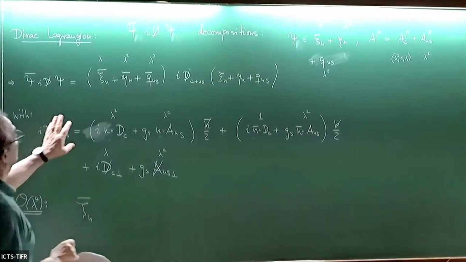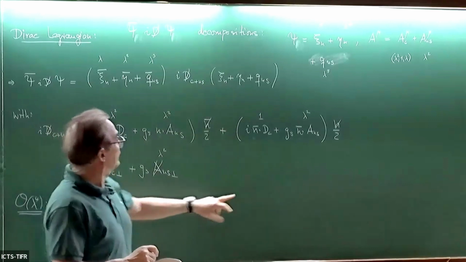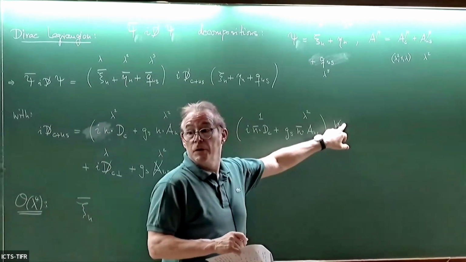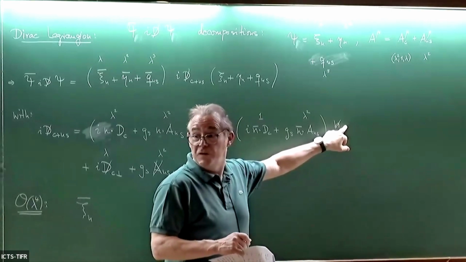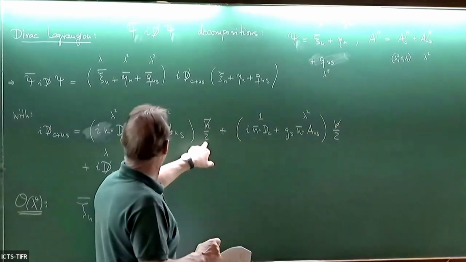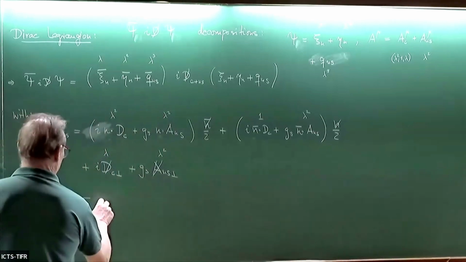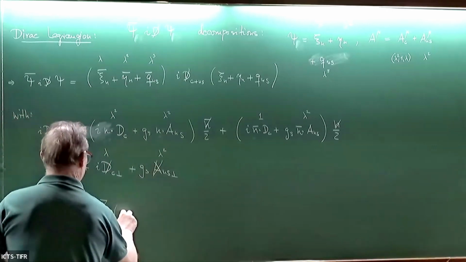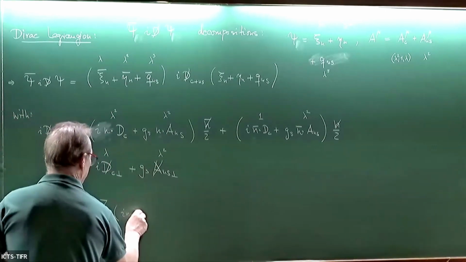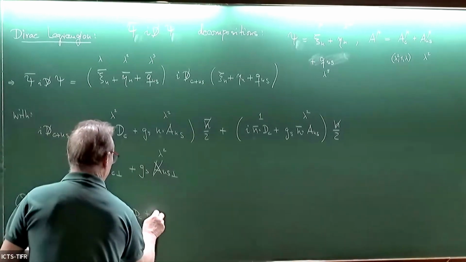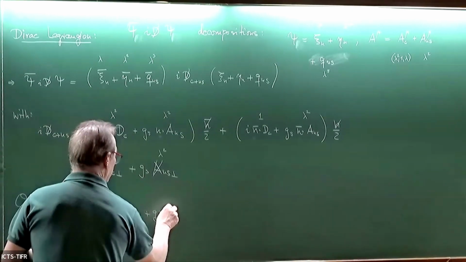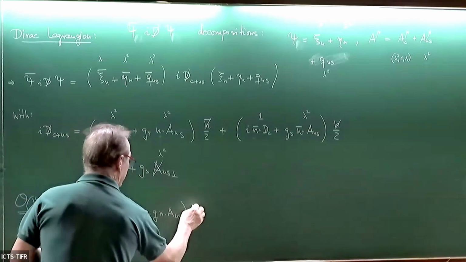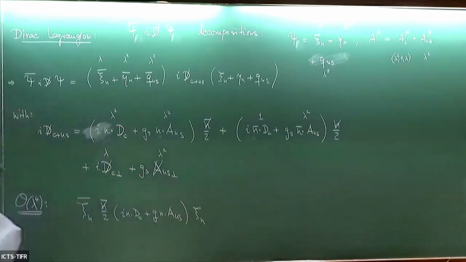However, remember that xi is annihilated by n slash. So this n slash term between two xi's will project to 0. This term exists. So we'll get an n bar slash over 2. And now this expression, i n dot D collinear plus g n dot A ultrasoft, times xi n. This is a term of order lambda to the 4.